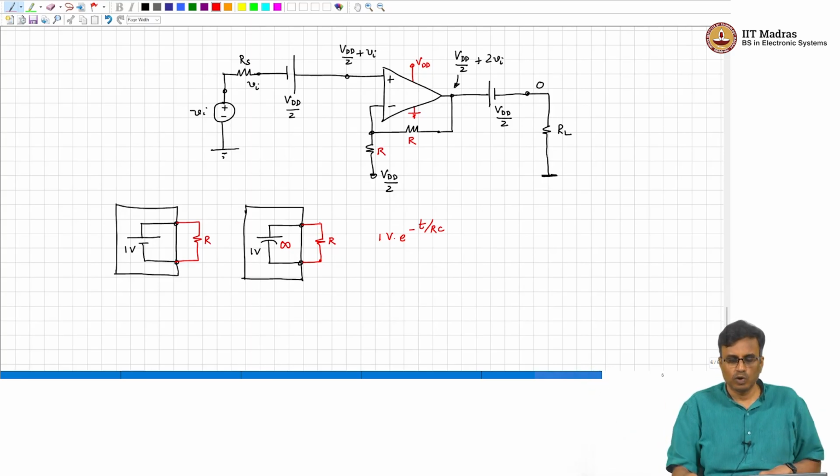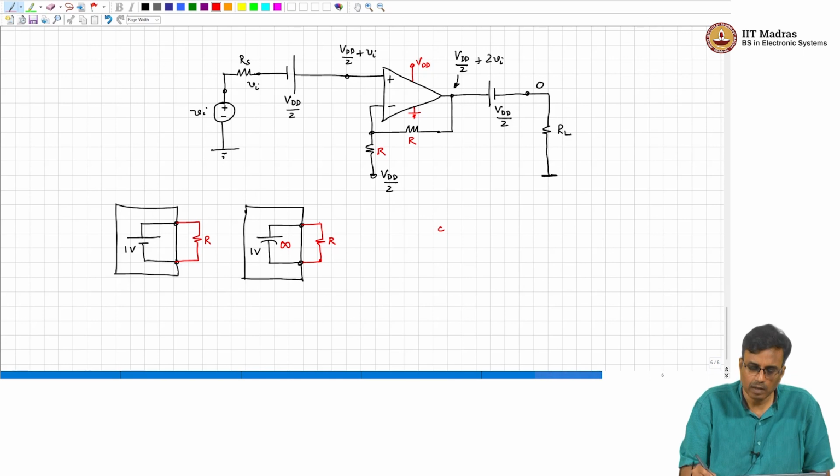Is that clear? So, what is the moral of the story?